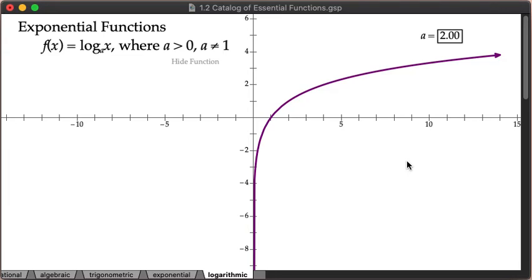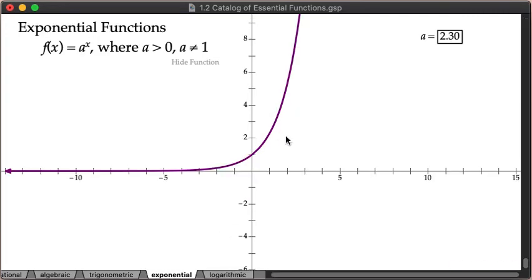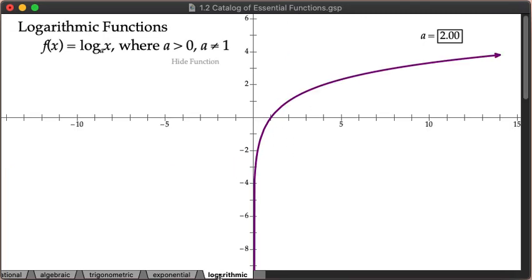Logarithmic functions are inverses of exponential functions. And so you should see that there is a relationship between the shape of the exponential function and the shape of the logarithm. We will talk about this more when we talk about inverse functions.